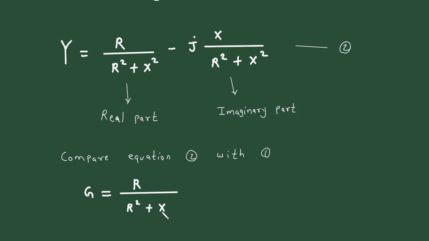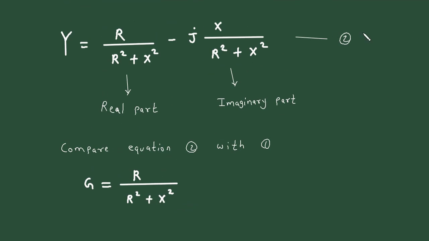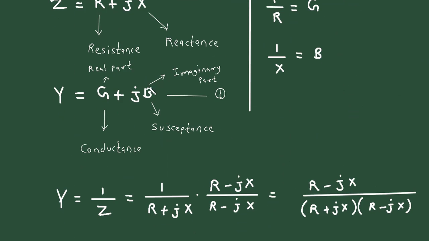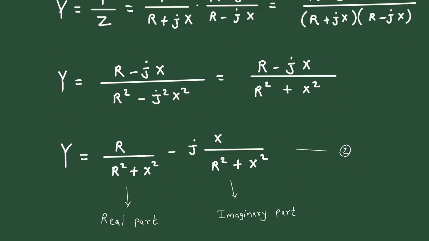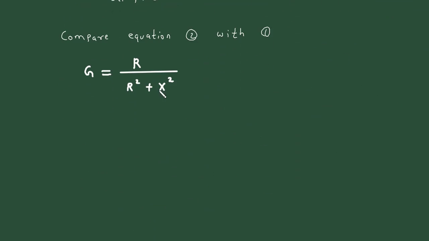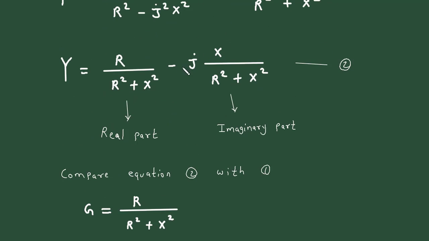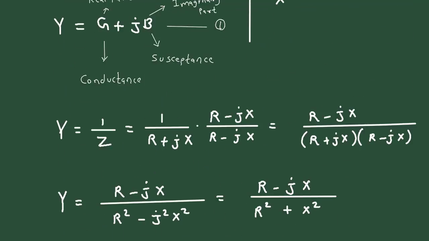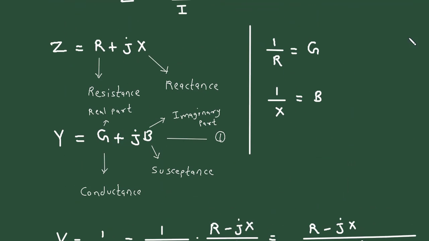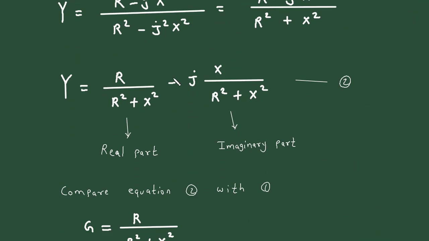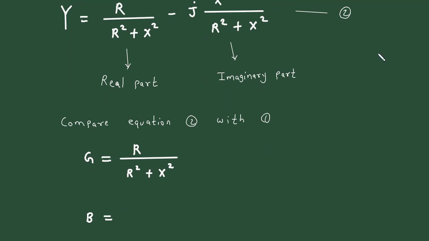And B is equal to minus X divided by R square plus X square. It will be minus because here it is positive.